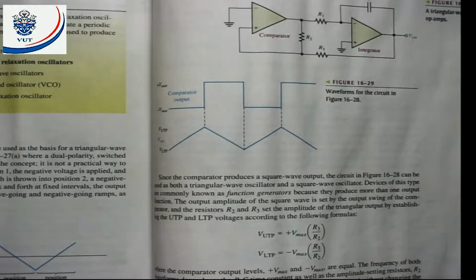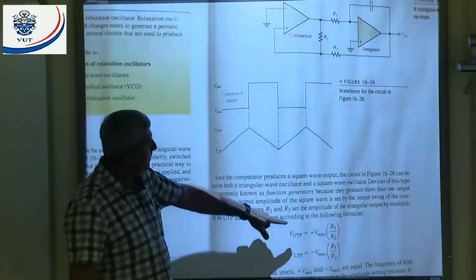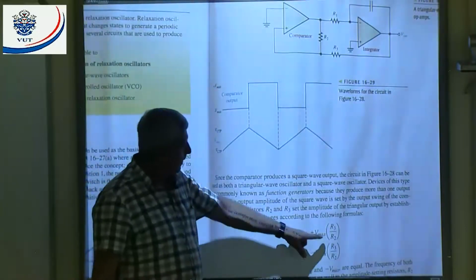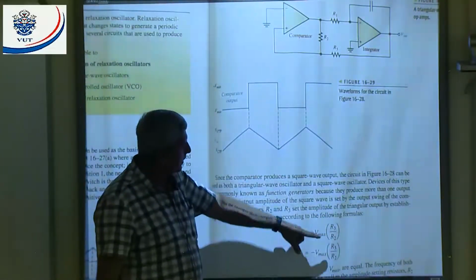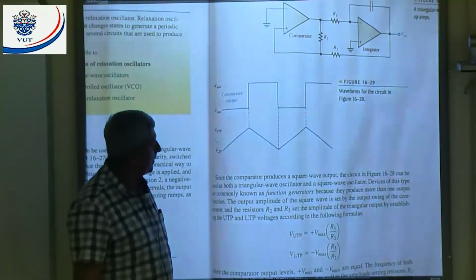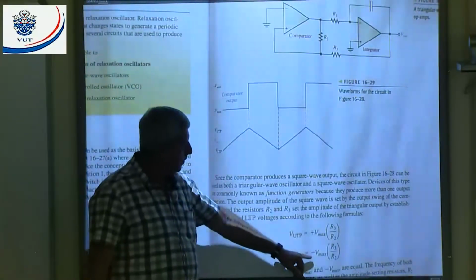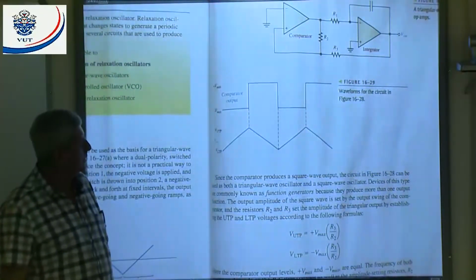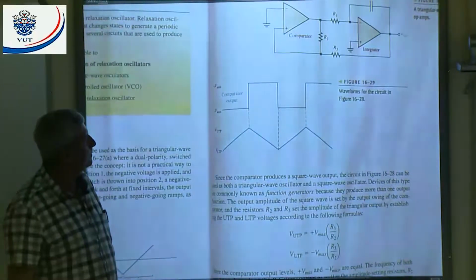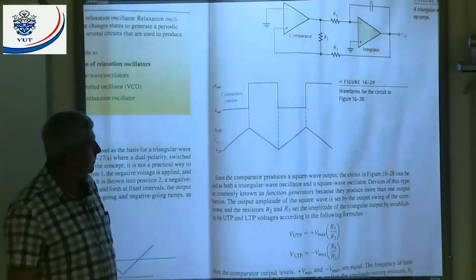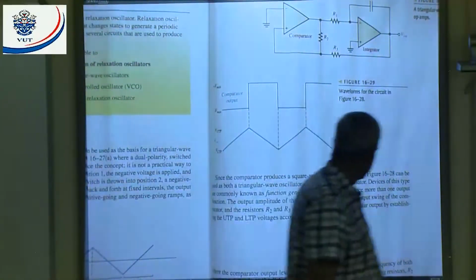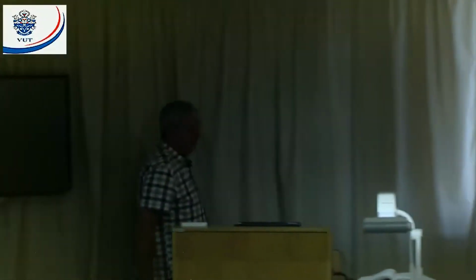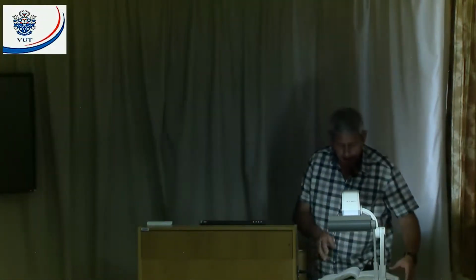Right, the upper trigger point will be basically the maximum positive value times R3 divided by R2. The lower trigger point will be my minus V maximum times R3 divided by R2. All right. And then the frequency of that oscillator.